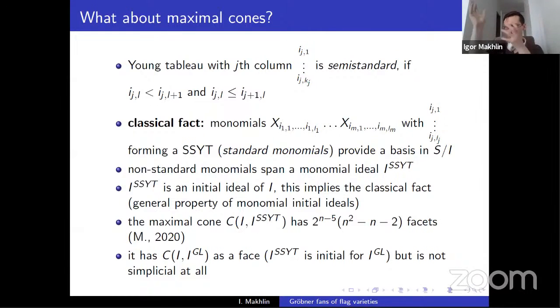So what are the weights with respect to which the initial ideal of the Plücker ideal is equal to this monomial ideal given by non-semi-standard tableaux? And well, I will not give the description, but this maximal cone can be described explicitly in terms of inequalities.